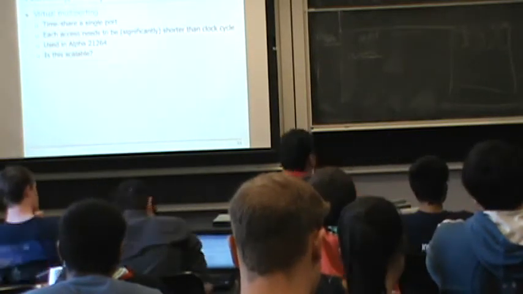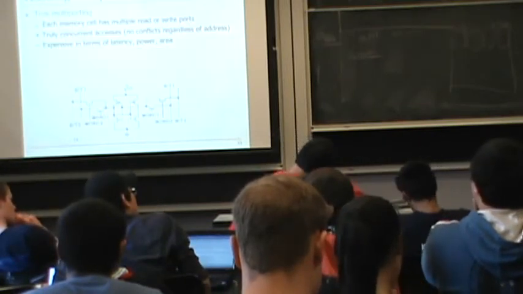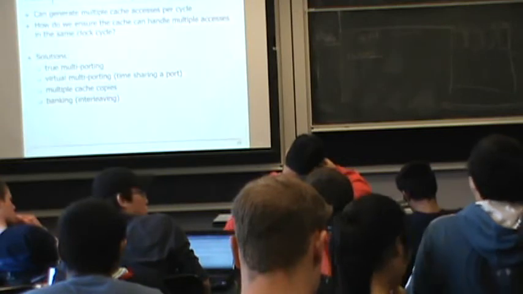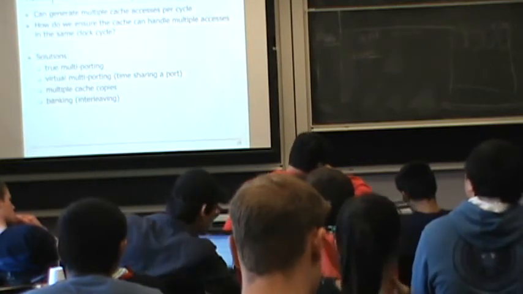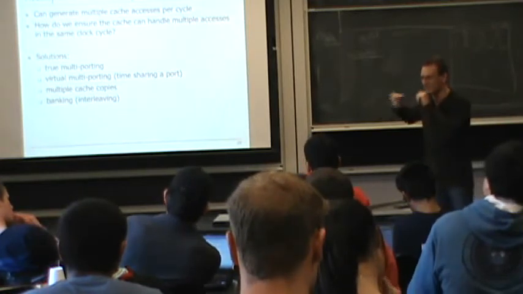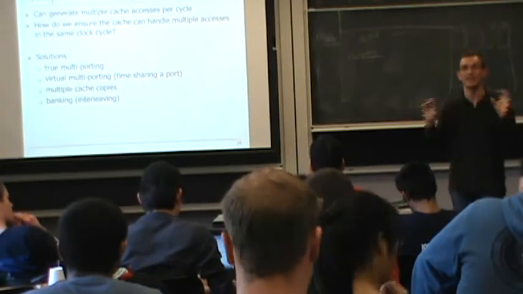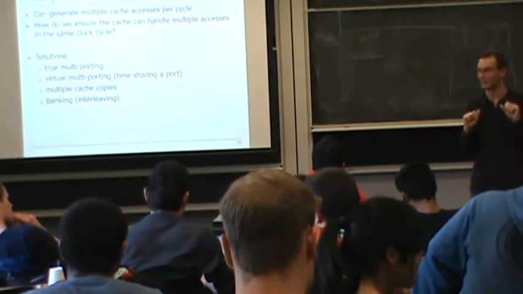We discussed it within the context of caches, but these four mechanisms, to remind you: true multi-porting, virtual multi-porting, multiple cache copies, or multiple memory copies, maybe we should rephrase it that way, and banking and interleaving. Those are ways of supporting multiple accesses per cycle in any memory.